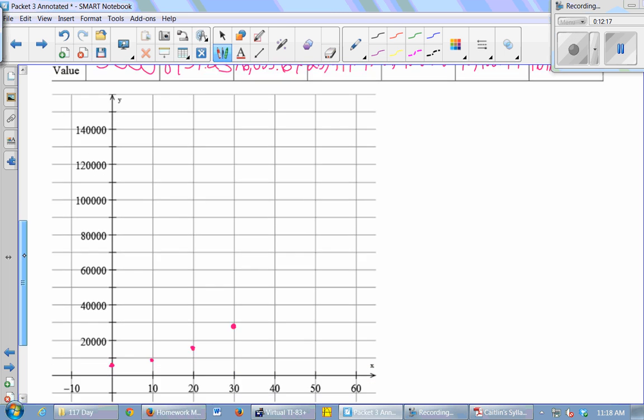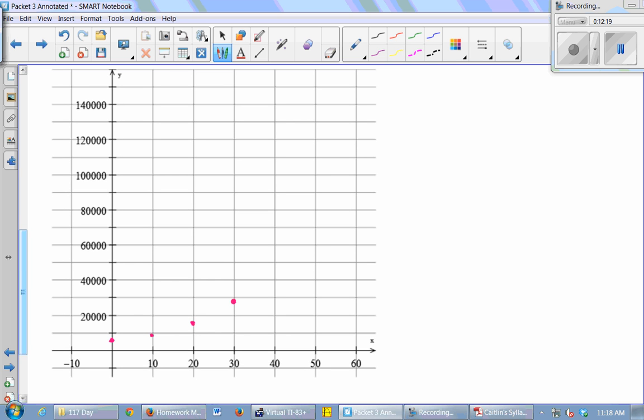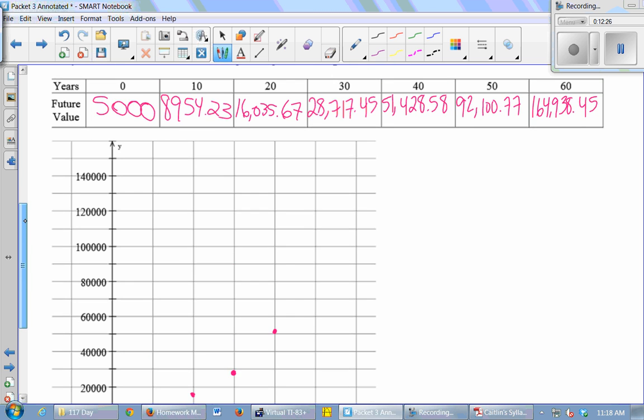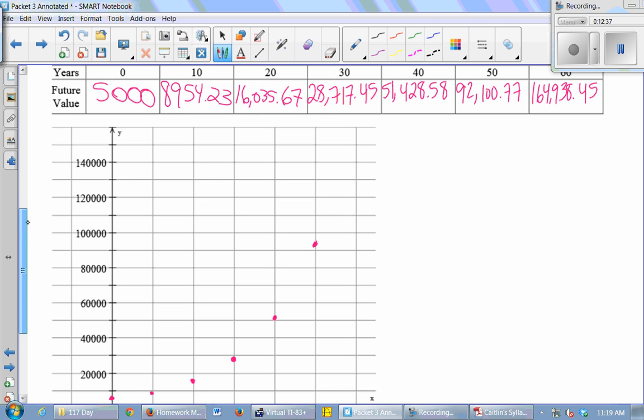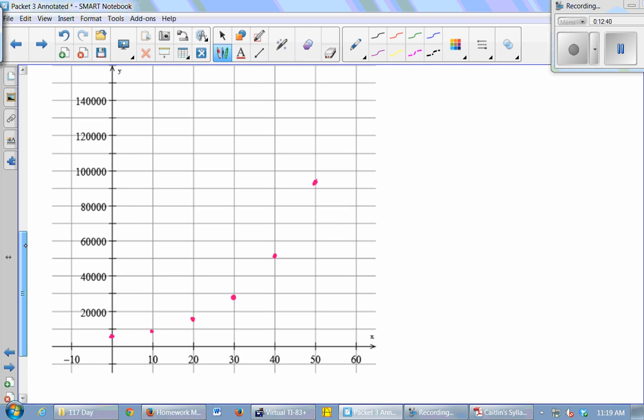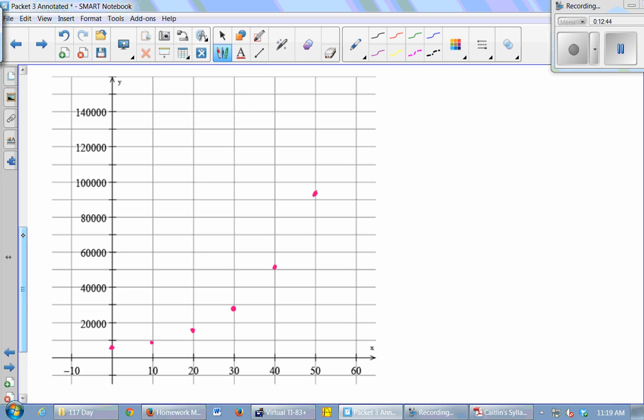Year 40, about 50,000, just a little bit bigger than 50,000. And 50 is 92,000. So that's 90,000, a little bit bigger than that. And then 60 is about 165,000. One just goes just off the chart. 160, just a little bit bigger.